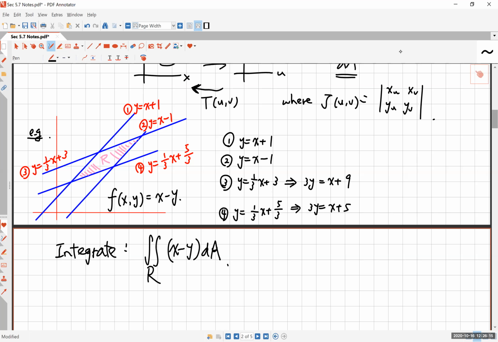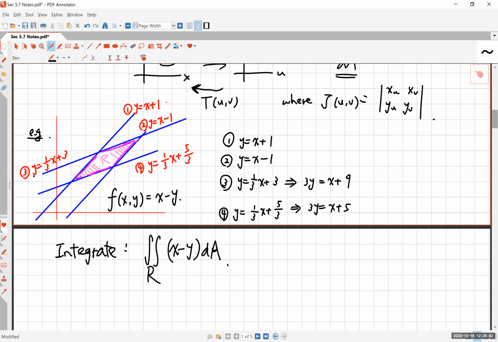Because I wanted this to be precise, I have drawn a rather accurate picture of what we are doing. So R is this rectangular region. Now you can tell this is a pretty hard region to define in terms of x and y, right? It is a parallelogram, so it is bounded by y is equal to x plus 1, y is equal to x minus 1, so these are parallel to each other with a slope of 1.